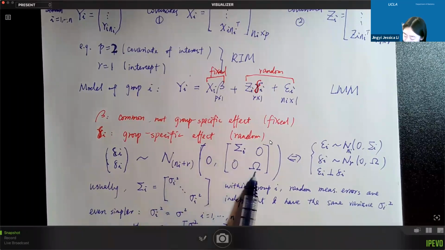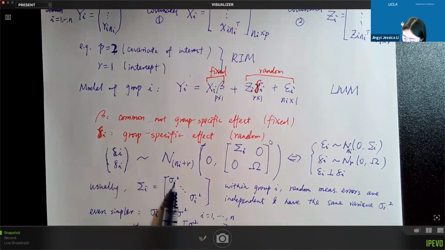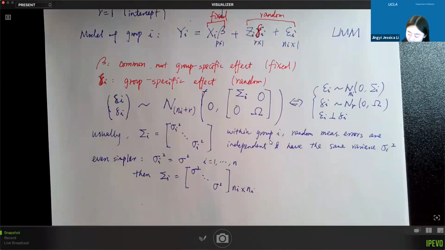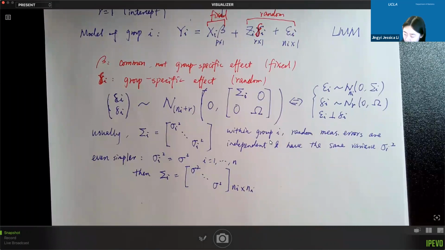And for this Omega, it is about the random effect. So we may also give it a simple assumption by simplifying it. And usually, we even want to further simplify sigma_i squared to sigma squared, which means that we assume all the measurements across all groups have the same variance in random errors.